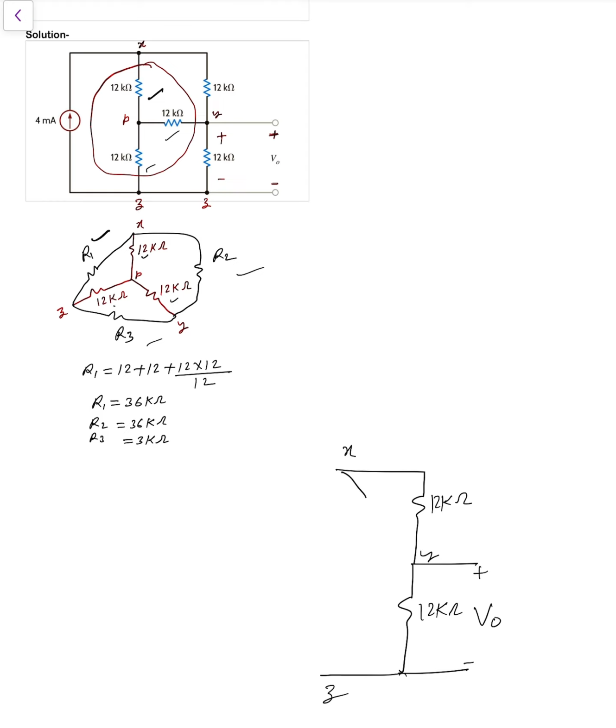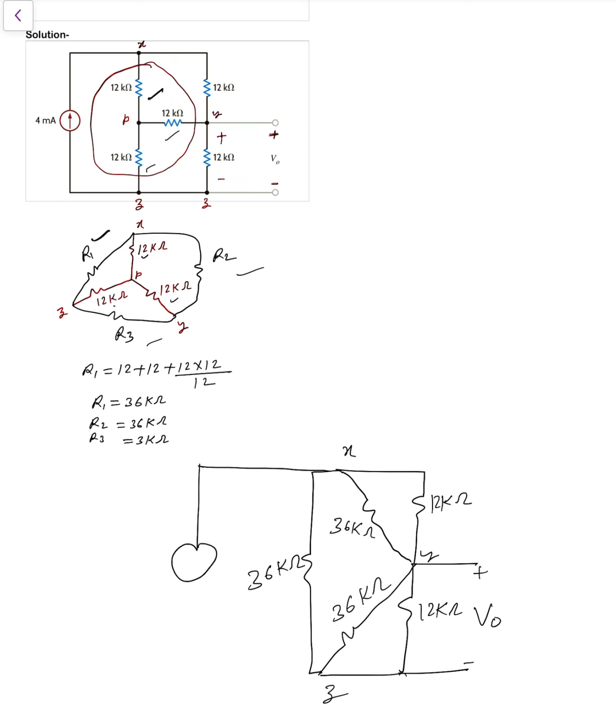So x to y, how much? Sorry, 36 kilo ohm, and that one also 36 kilo ohm, and that one 36 kilo ohm. And after that, this one is showing 4 milliampere.